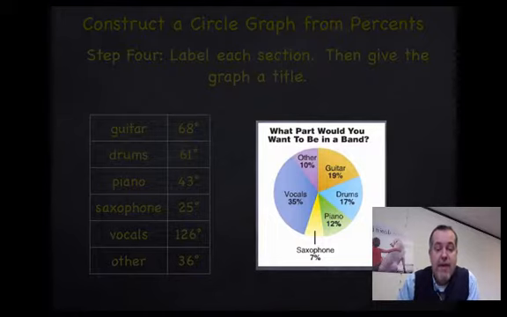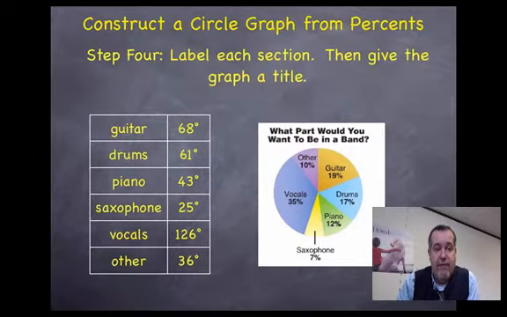You'll also notice that the percent is labeled within each section as well. All right, so this would be a properly labeled circle graph. And these are the 4 steps that you're going to need to use when you're dealing with circle graphs.